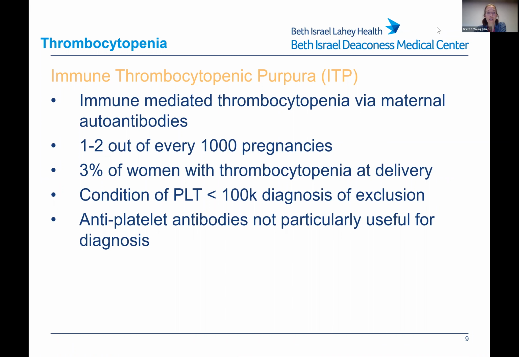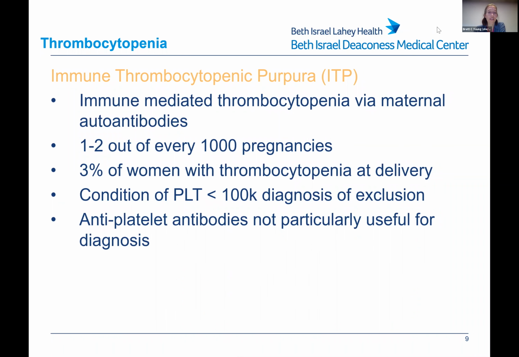However, of patients that have thrombocytopenia at delivery, about 3% of those patients have ITP. So we all will see it in our careers. Again, the diagnosis requires that the platelet count be under 100,000 and all other etiologies for the thrombocytopenia are excluded.